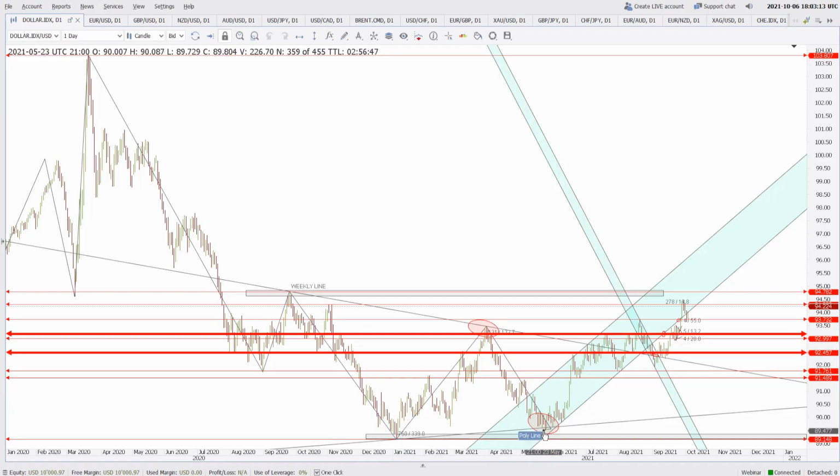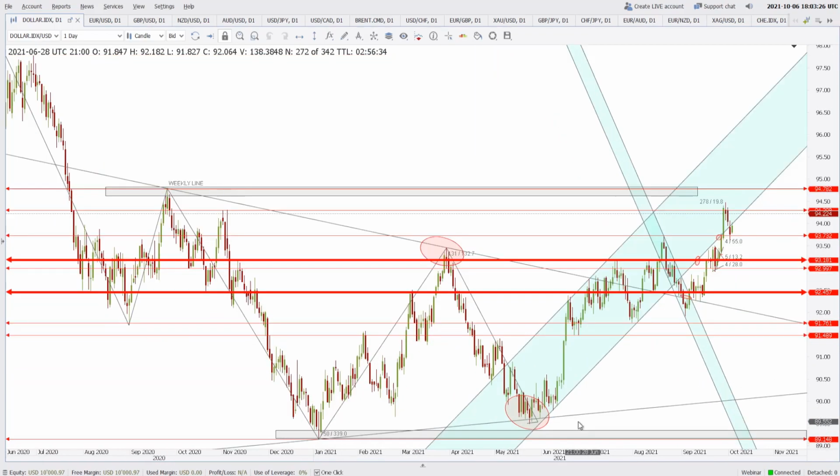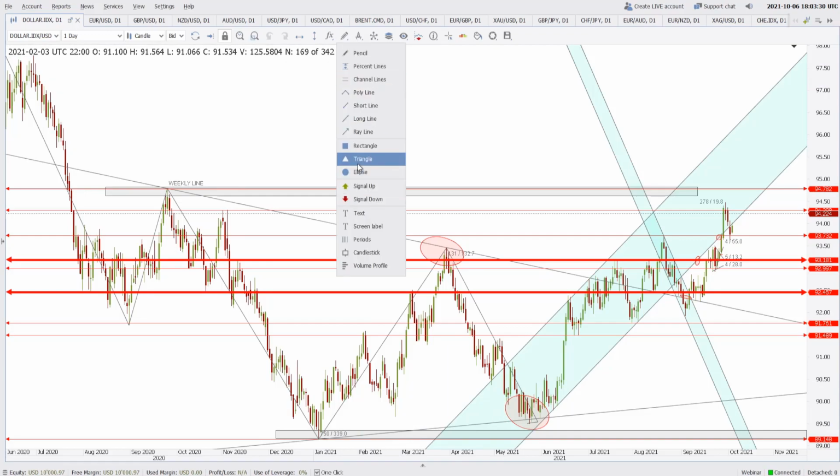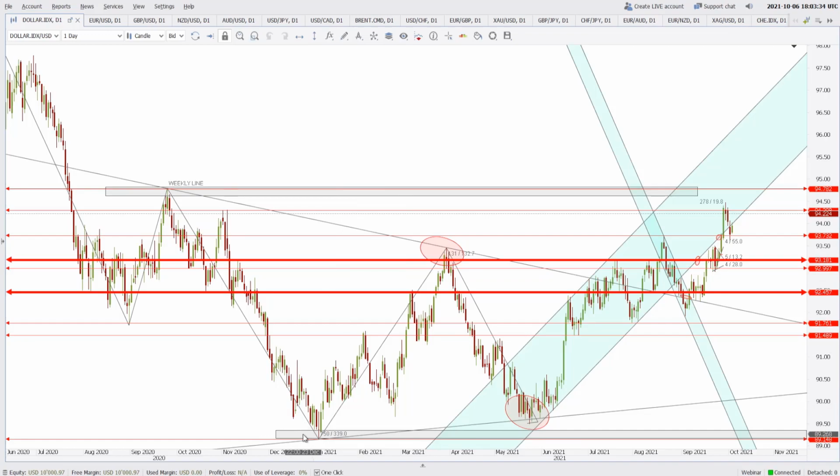So this low was at around 89.50 and this low was at around 89.30, 89.14. These two lows were comparable, so I think we can safely call this a double bottom pattern. Now when a double bottom pattern occurs, what happens?